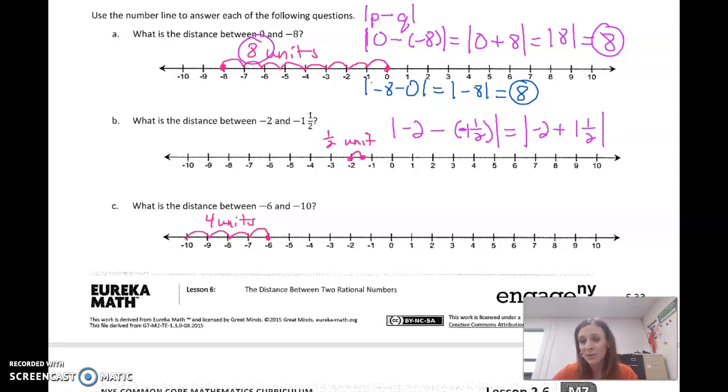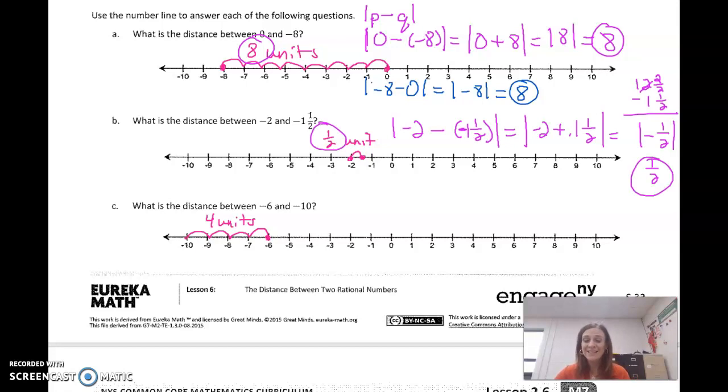Different signs means we subtract, ignoring the negative. And that ends up being just a half. Since -2 is further away from 0, we get the absolute value of -1/2, which is just +1/2.